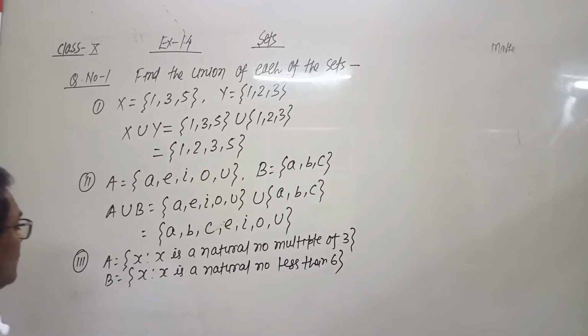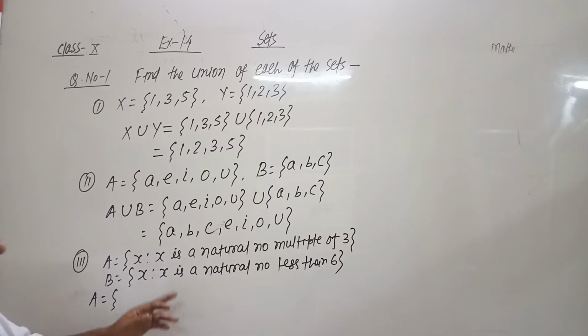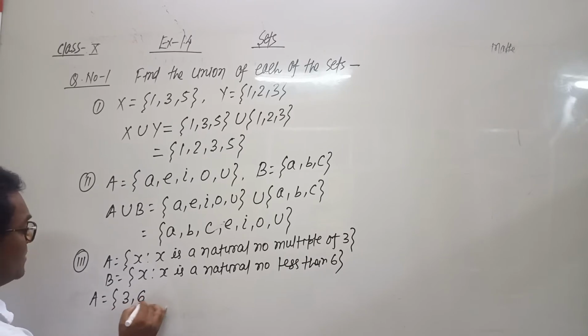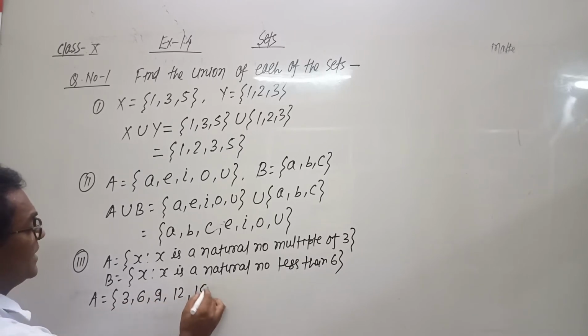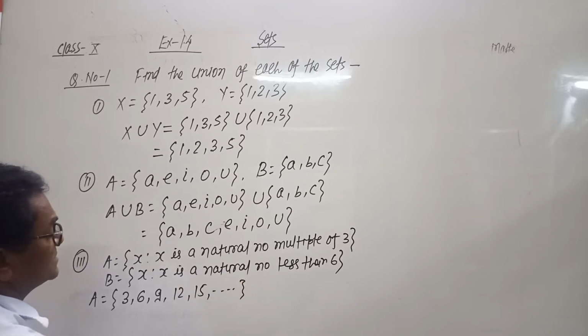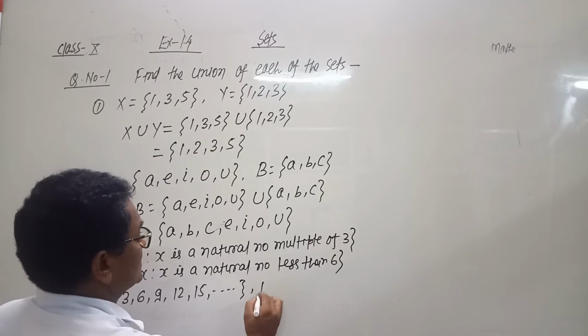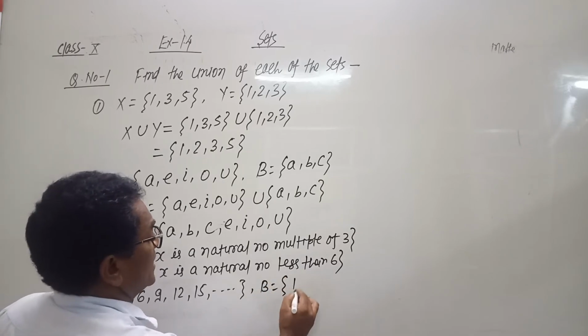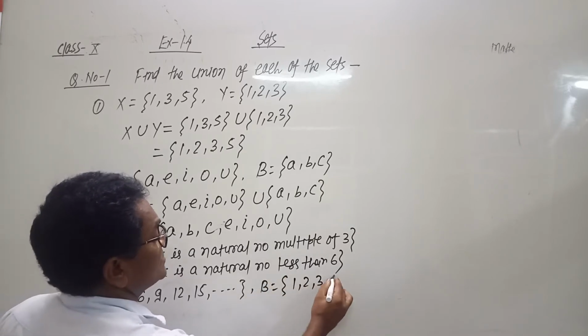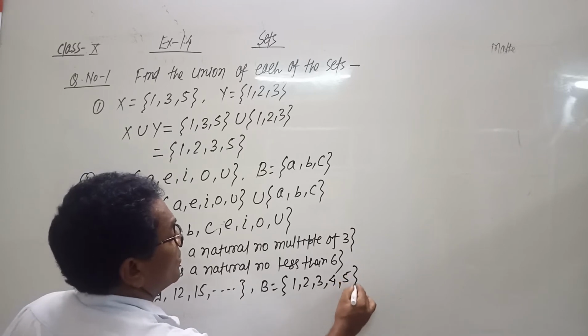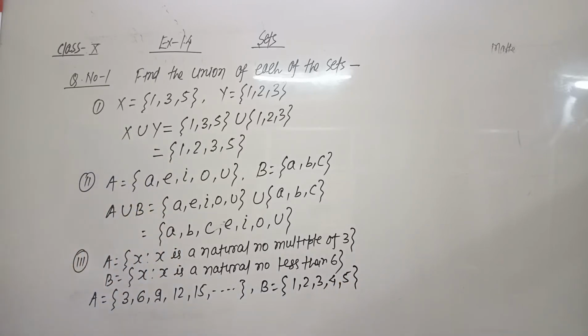So we will have to form the set A, the natural numbers which are multiples of 3. So the natural numbers that are multiples of 3 will be 3, 6, 9, 12, 15 and so on. And the set B is the natural numbers less than 6, so 1, 2, 3, 4, 5, up to 5.